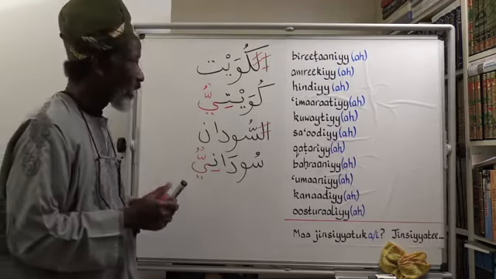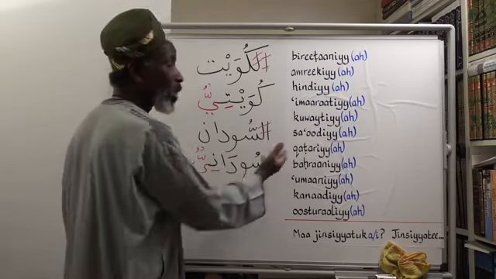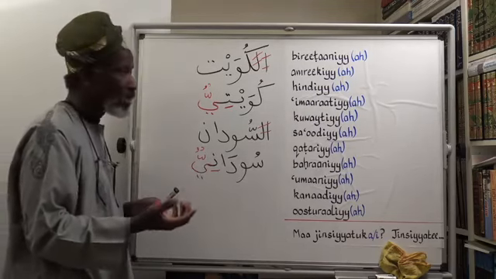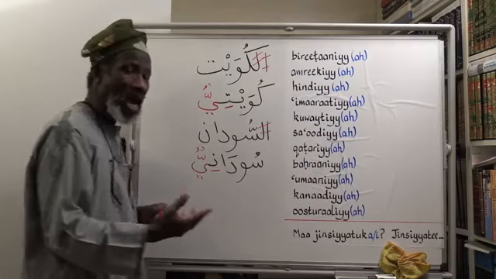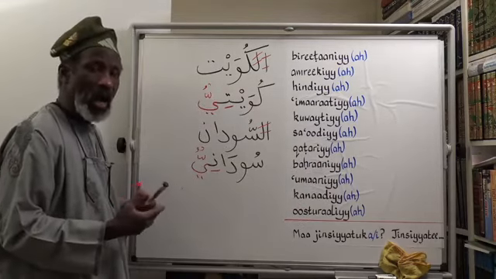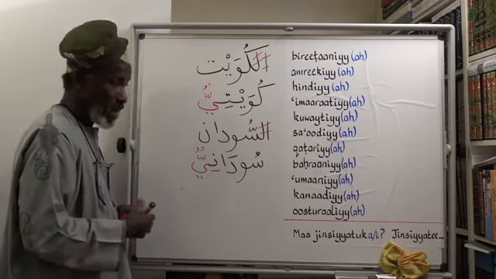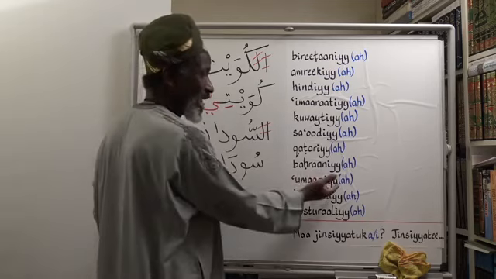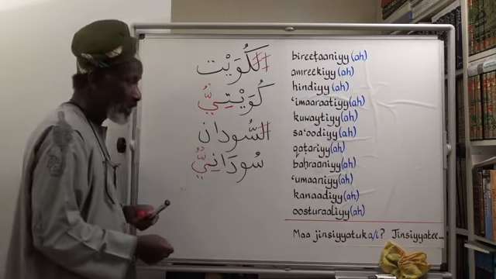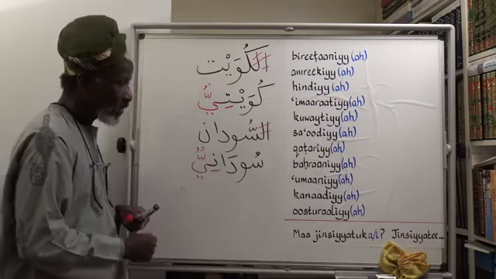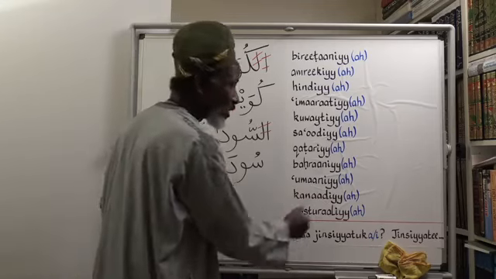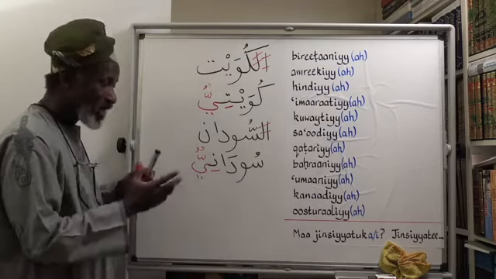Sudani. Qatari, from Qatar. Bahrani, from Bahrain. Omani. That's Omani. Canadi, Canadian. Australi, Australian. So that's your principle.